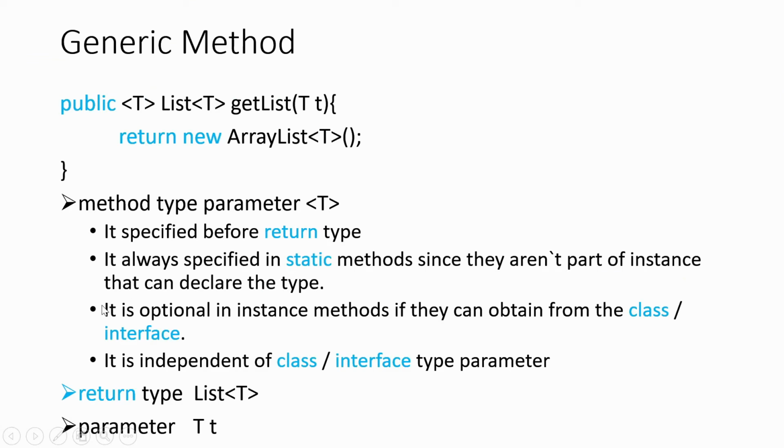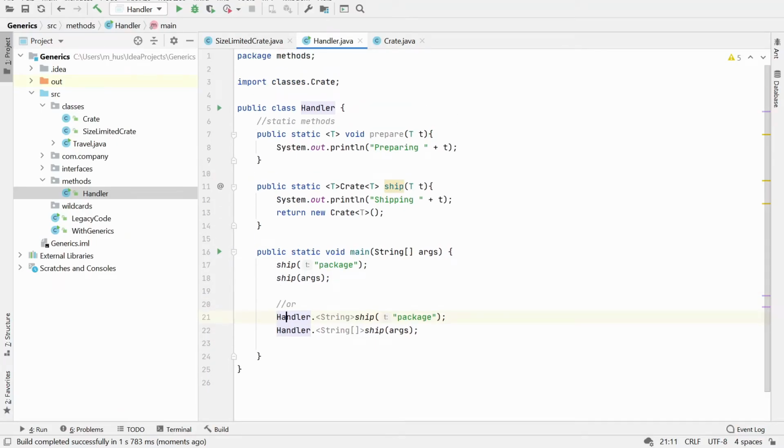Next, method type parameter is optional in an instance method if it can be obtained from a class or interface. So now instance methods. I'm going to create one instance method and I say no good.